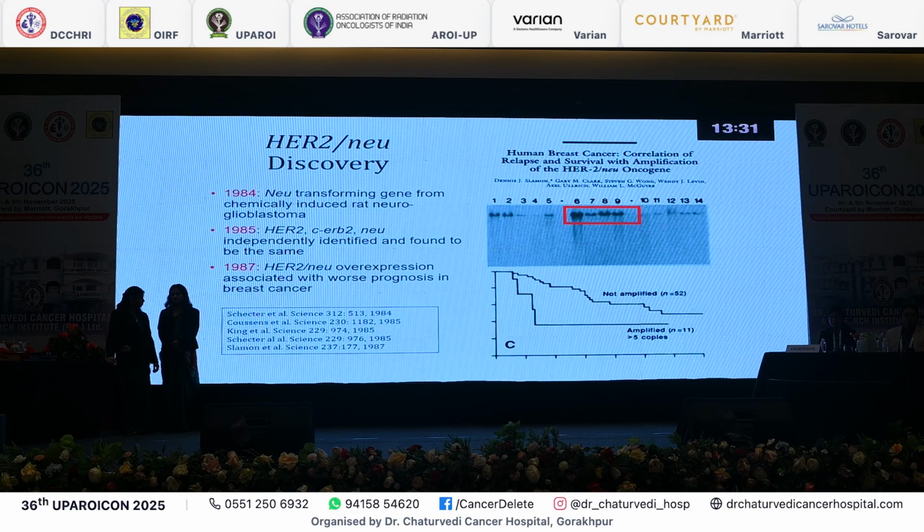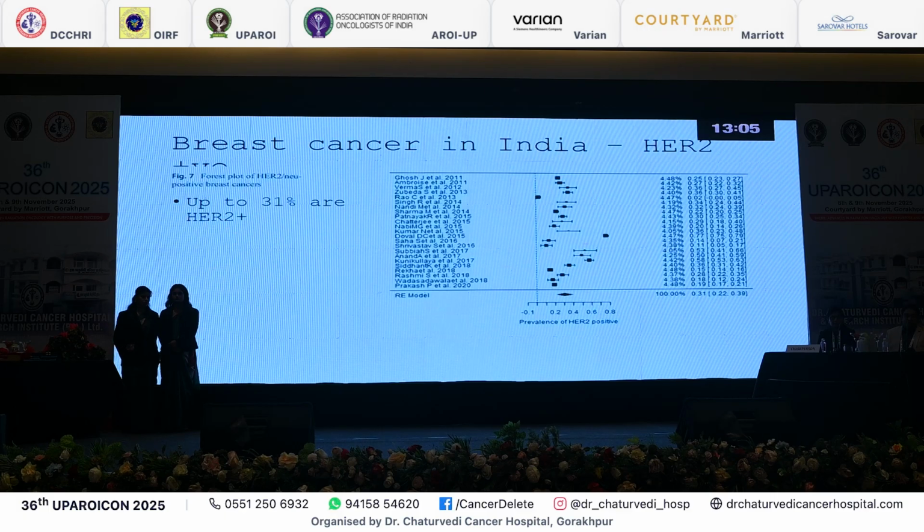So this was the unmet need initially, and gradually the discovery of the drug has created the difference in how HER2 was targeted, and we can see the change now. This discovery started way back in 1984, and now in 2025 we have 2 or 3 drugs for targeting this particular HER2/neu overexpression in breast cancer.